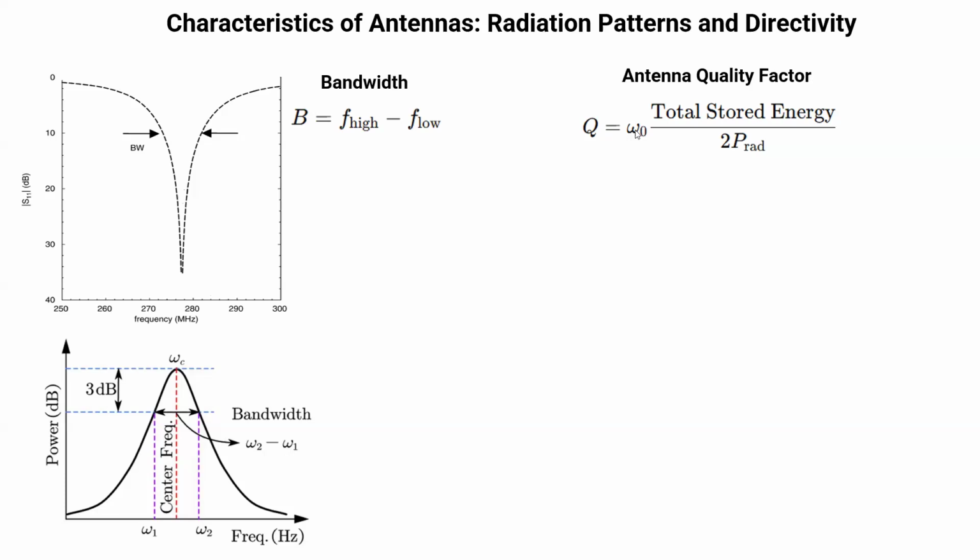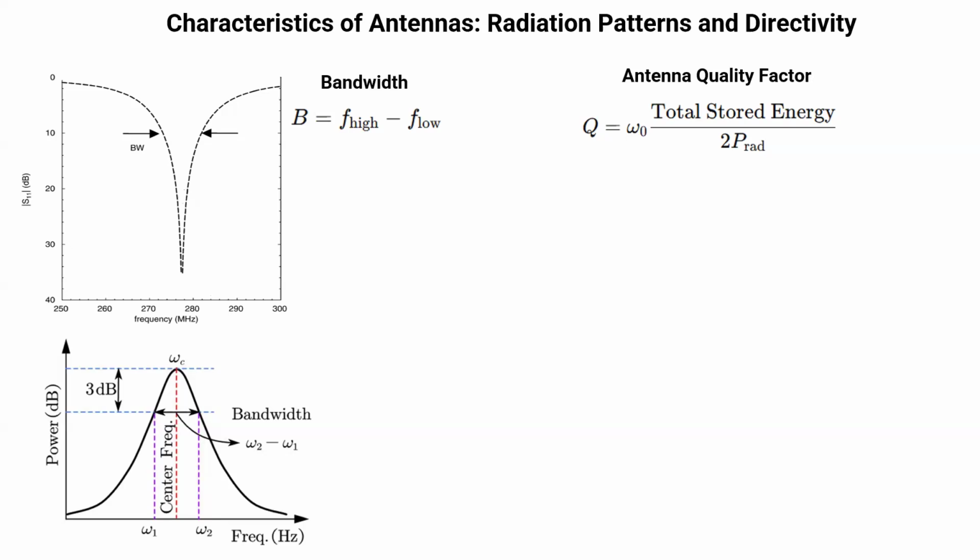So this is a little bit misleading concept because usually, the higher quality, the better, right? A larger quality factor usually means a better system. Like the larger quality factor of a resonator means that our resonator is better. It keeps the energy, stores the energy for a longer time.